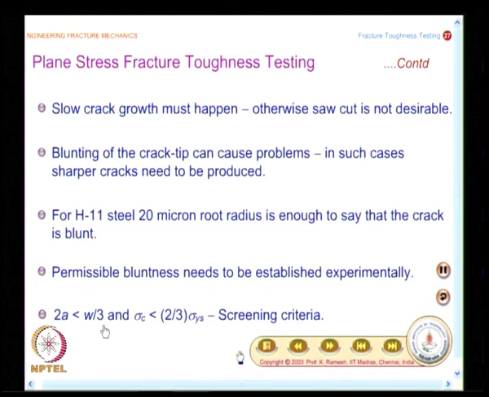Here you have a screening criteria which says 2a should be less than W/3, and whatever the fracture strength that you obtain, that should be less than 2/3 times the yield strength, sigma ys. This is only a screening criteria.